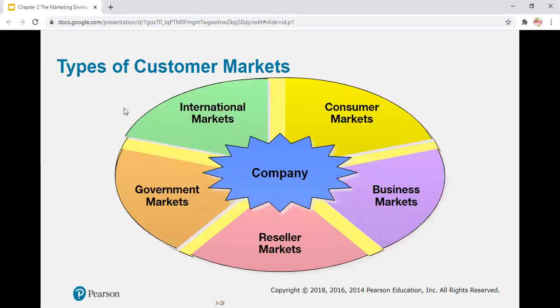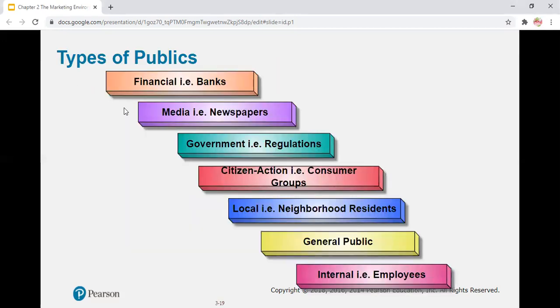Let me give you some examples of this. For the financial public, we talk about, for example, banks. Media publics, we have newspapers. Governments, we have the regulations of the government. Citizen action is the consumer groups.